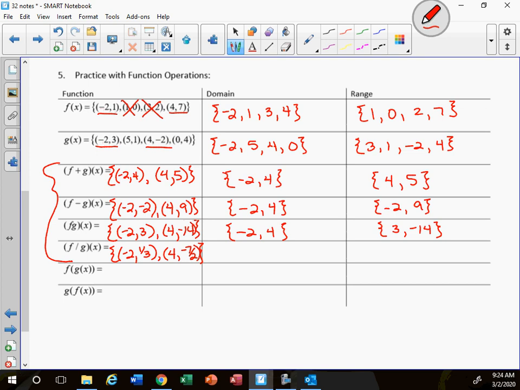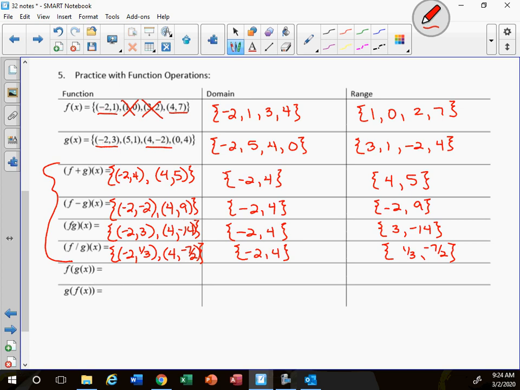Yeah, if you have a 0. If I do f over g and I end up with 7/0, do you think we can include that point? No. Okay, so it just doesn't get included in your outcome. So domain is the same. Range 1/3, negative 7/2.